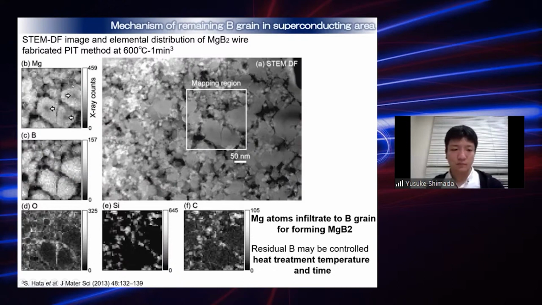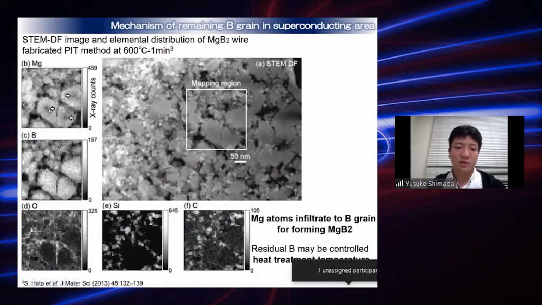So if the amount of magnesium atoms is insufficient for forming MgB2, the center of the area remains as a residual boron grain. So it means the residual boron grain may be controlled by the length of the magnesium infiltration into the boron grain by heat treatment temperature and time.